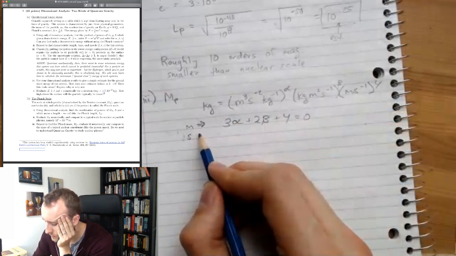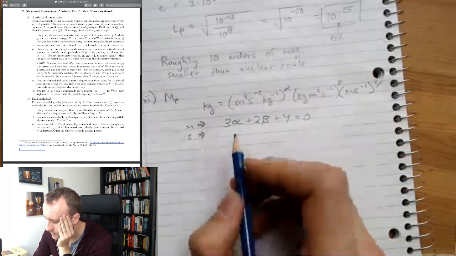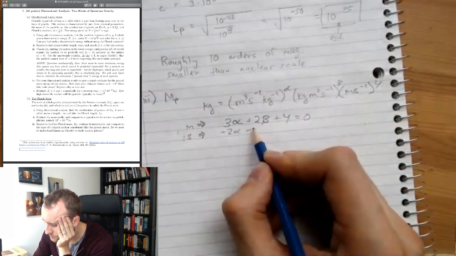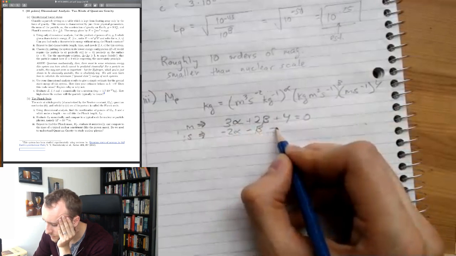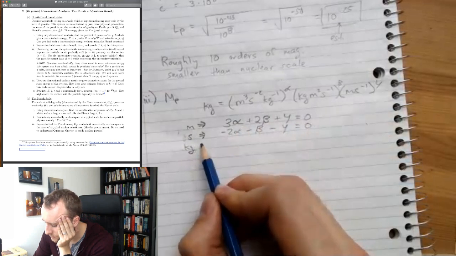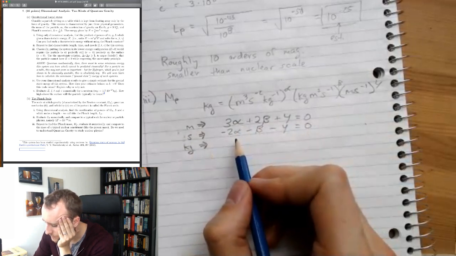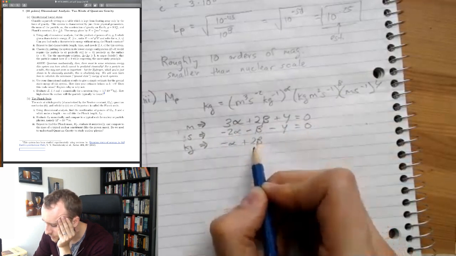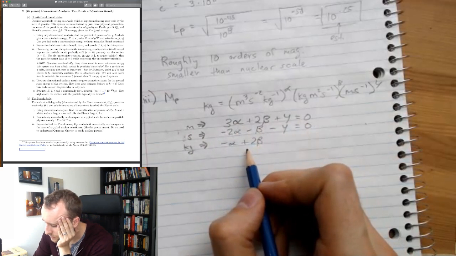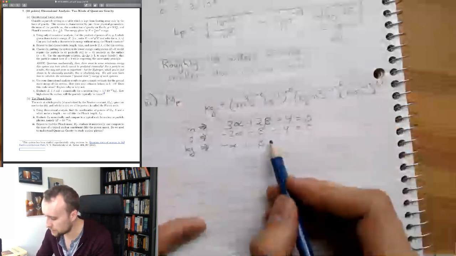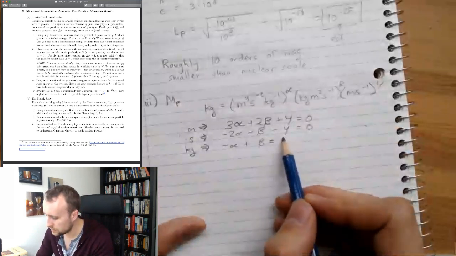Then for seconds, we have minus 2 alpha minus beta minus this equals 0. And then for kg, we have minus alpha plus beta. No, plus beta. Got to be very careful. Plus beta is equal to 0.